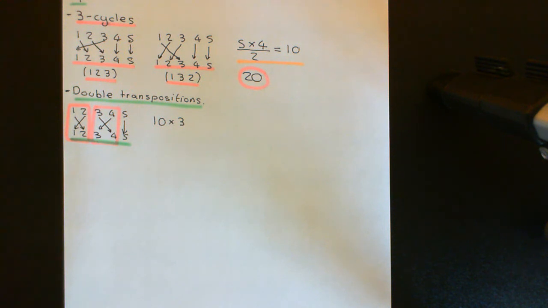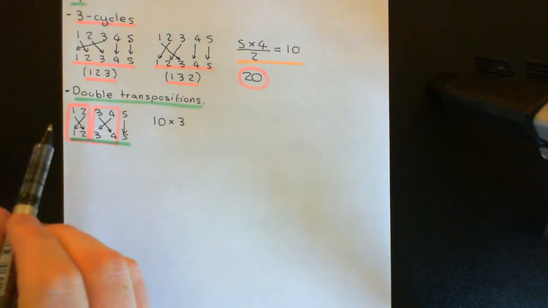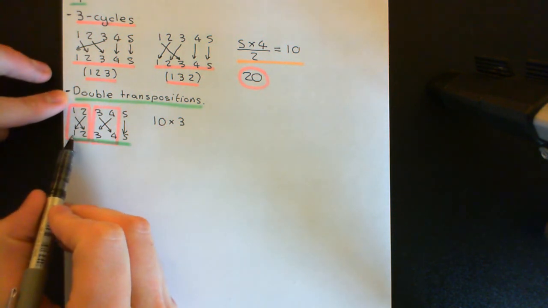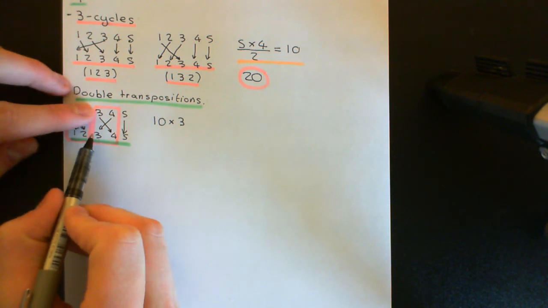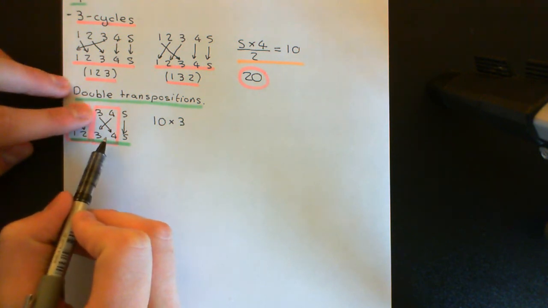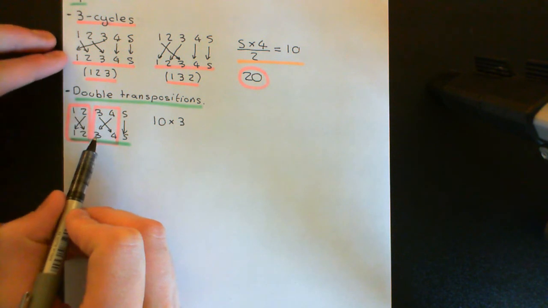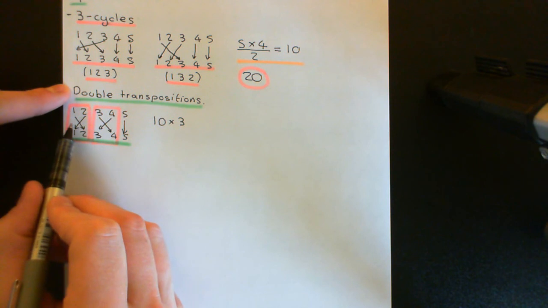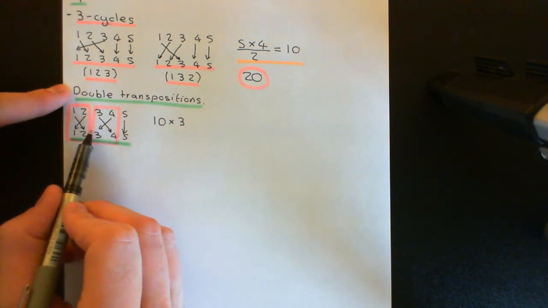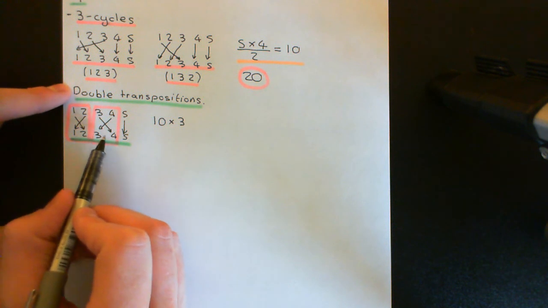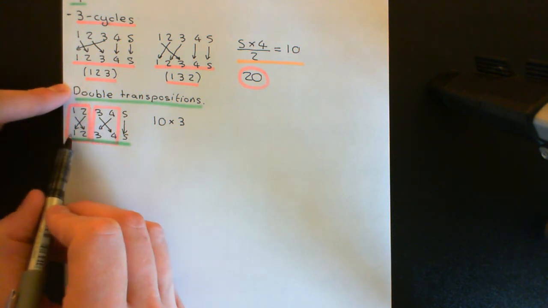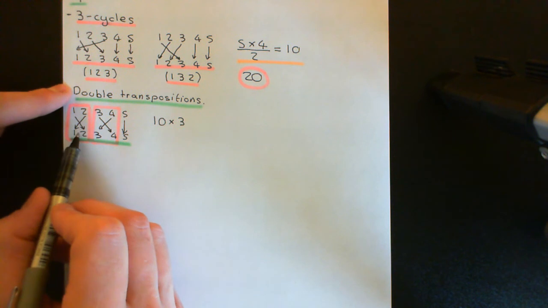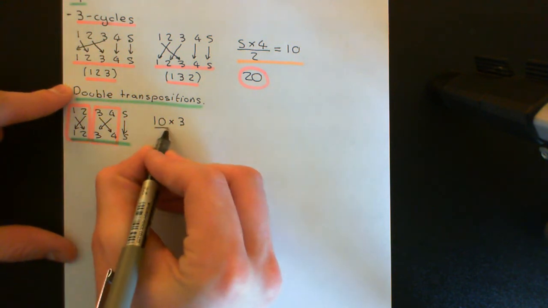We've overcounted by 2, because this way of doing it counts picking 1 and 2 as your first pair to swap around, and 3 and 4 as your second pair, as separate from picking 3 and 4 as your first pair to swap around, and 1 and 2 as your second pair. That's the problem, this is overcounting again. So we have to divide by 2.